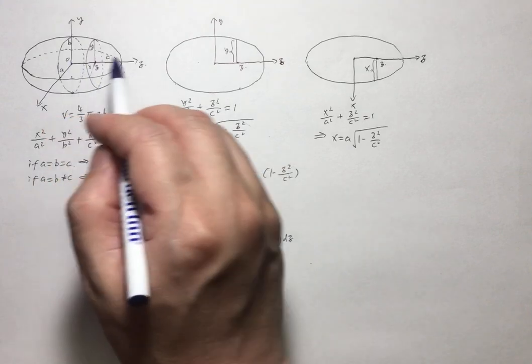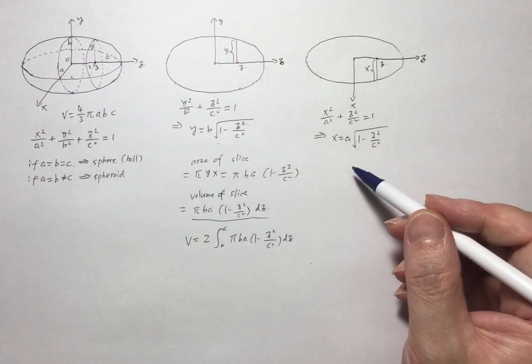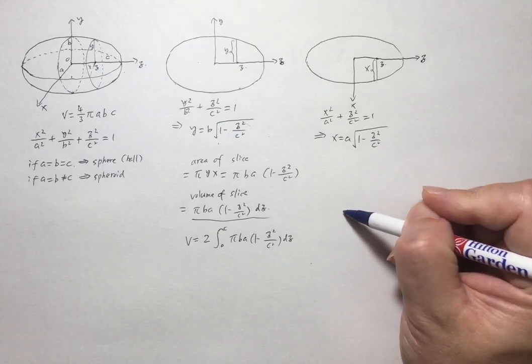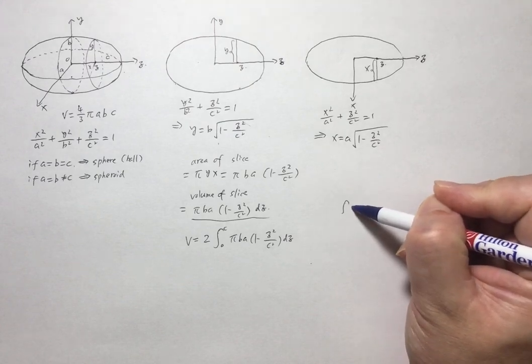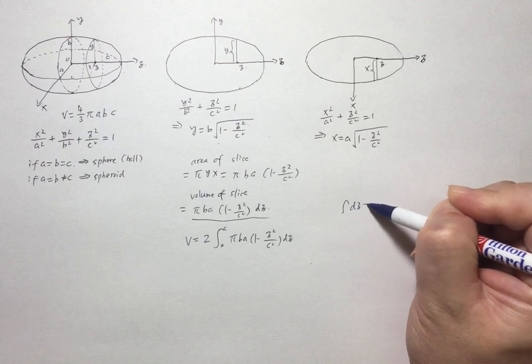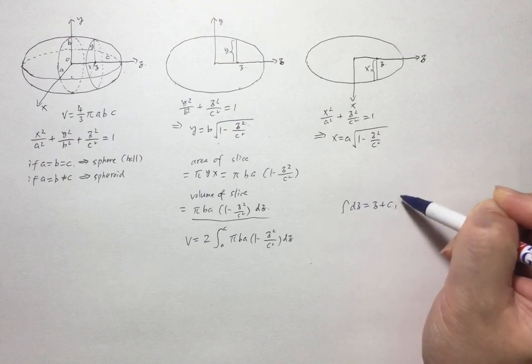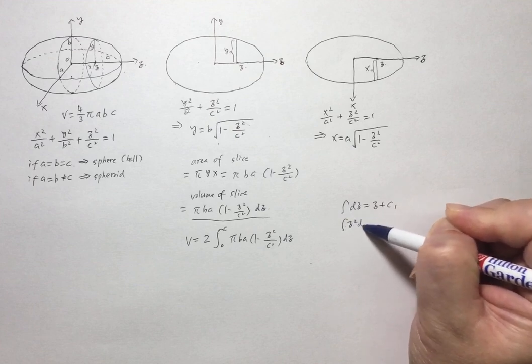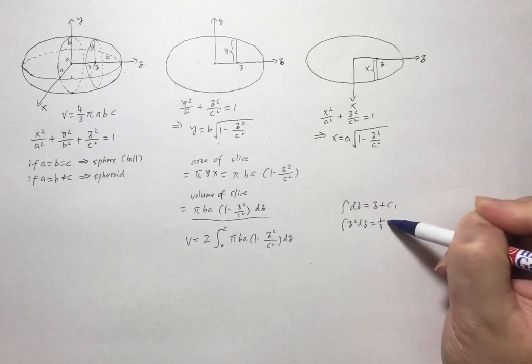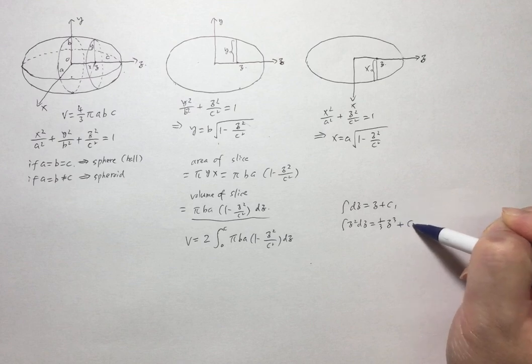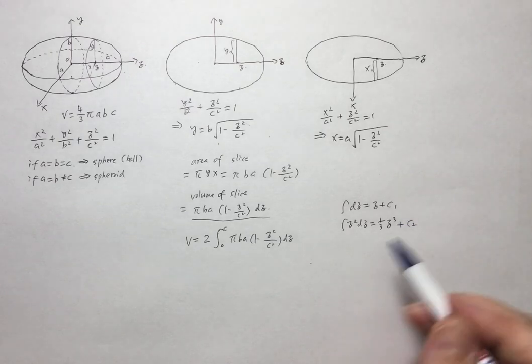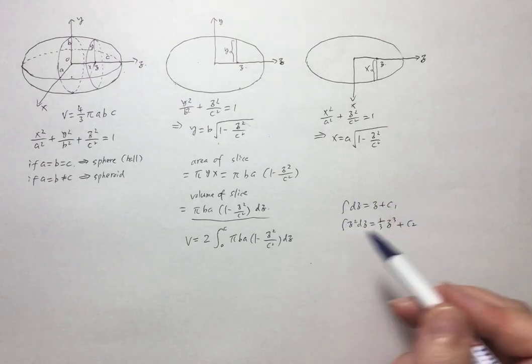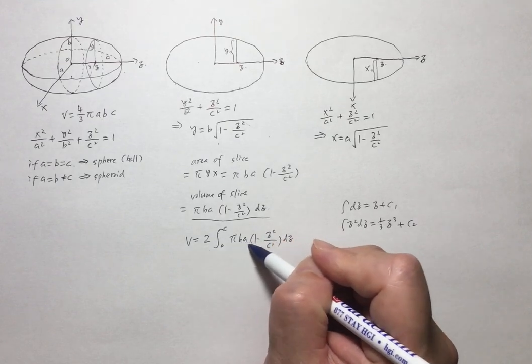If we Google it, it's easy to find that the integral of dz is z plus c1, where c1 is a constant. And the integral of z squared dz is one third z cubed plus c2, where c2 is another constant.